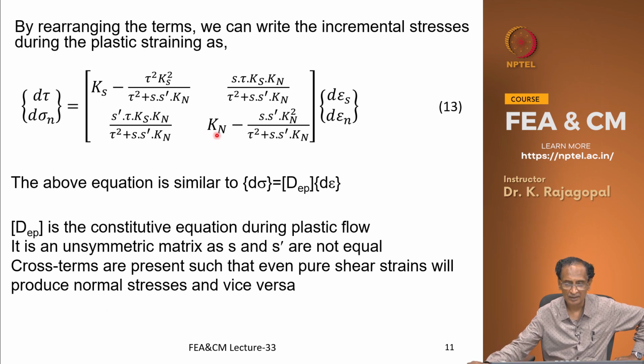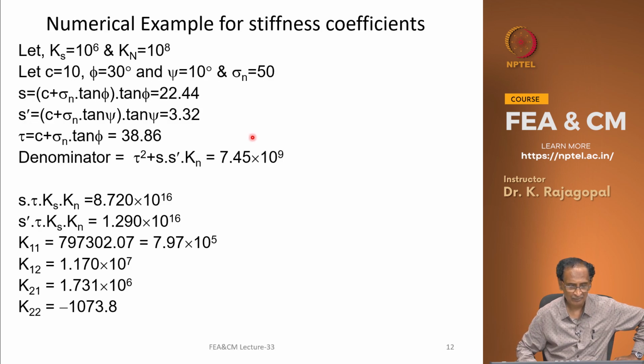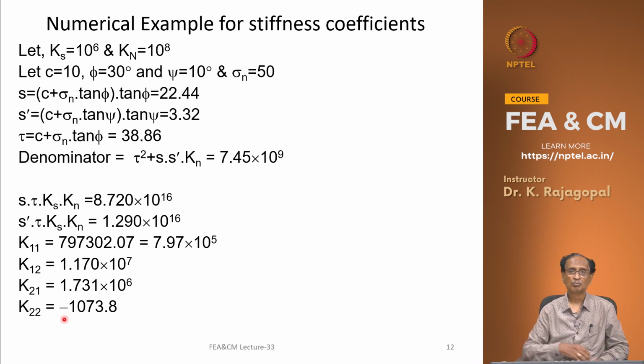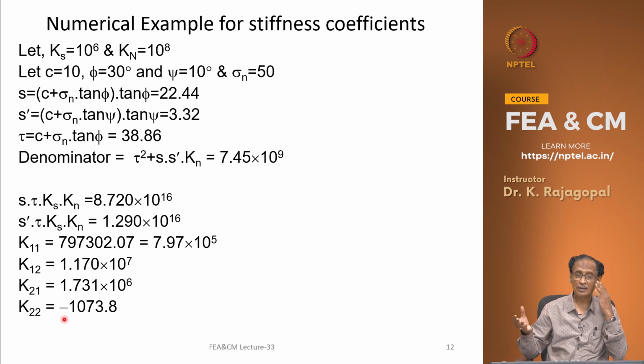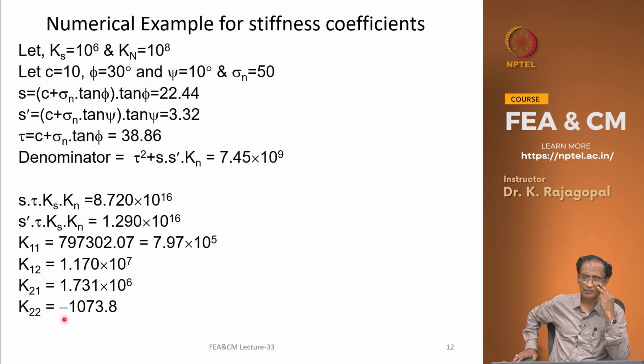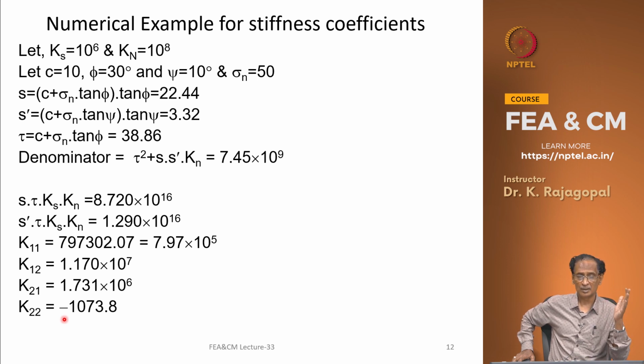It is actually Kn minus all this quantity, and it just so happens that for this particular stress condition, one of the diagonal terms is negative. If too many diagonal terms become negative in a stiffness matrix, then we will have a numerical difficulty, and we will be getting some ridiculous results, like our displacements will suddenly increase to 10 to the power of 20, 10 to the power of 30, and so on, and even the stresses that you compute will be meaningless.